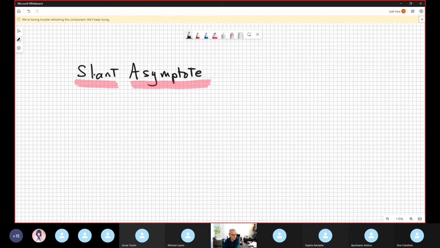Suppose the example for the slant is the function x squared plus 1 divided by x minus 1.